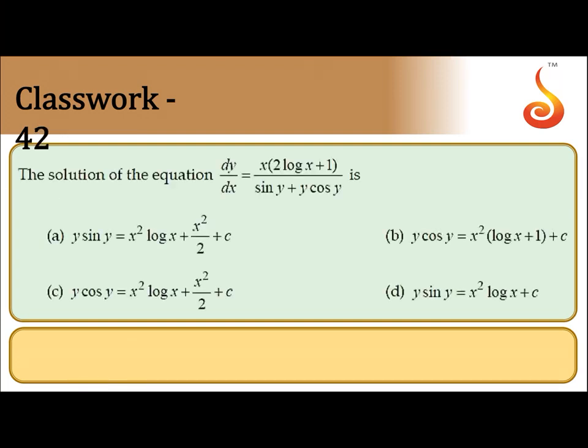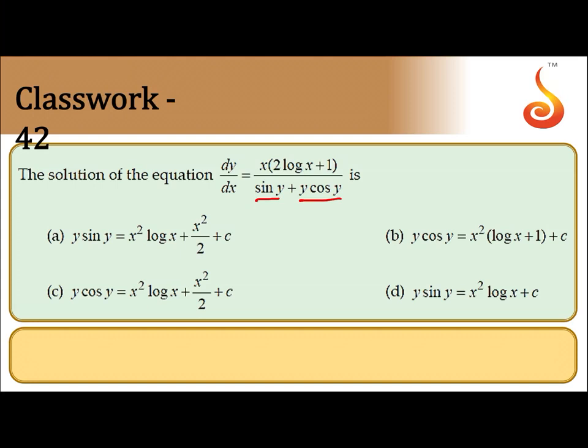Coming to the next one, the solution of the differential equation. I hope it is simple. You can check here by simplification, cross multiplying: sine y plus y cos y. Isn't it actually the derivative of y sine y?